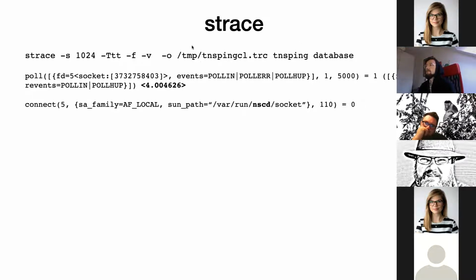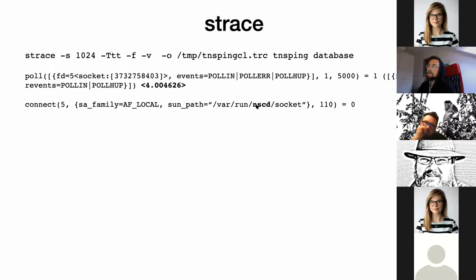When examining the output trace file, we found there is a poll call which lasts exactly 4 seconds, and this poll is executed on socket number 5, and socket number 5 is connected with NSCD.